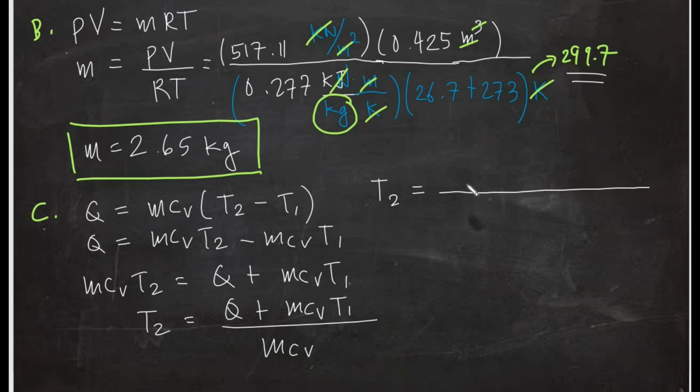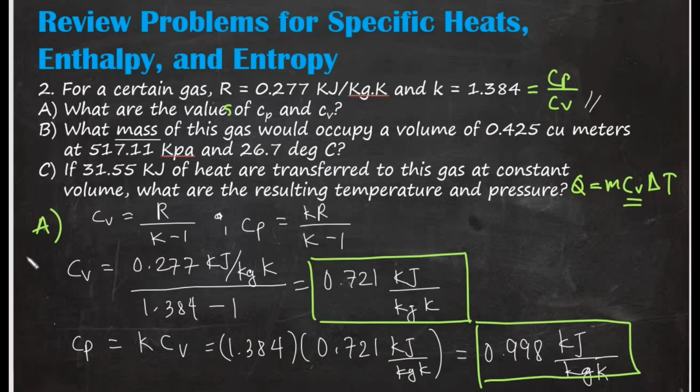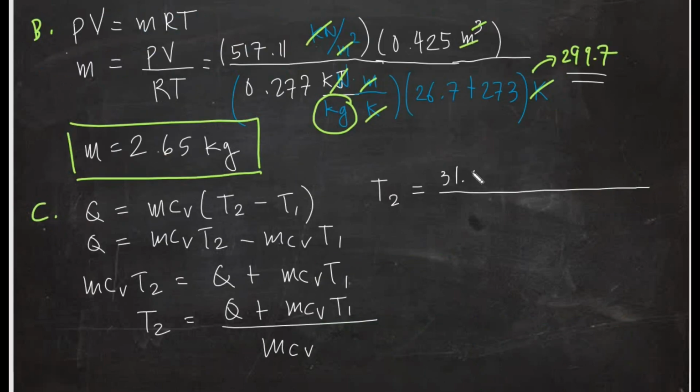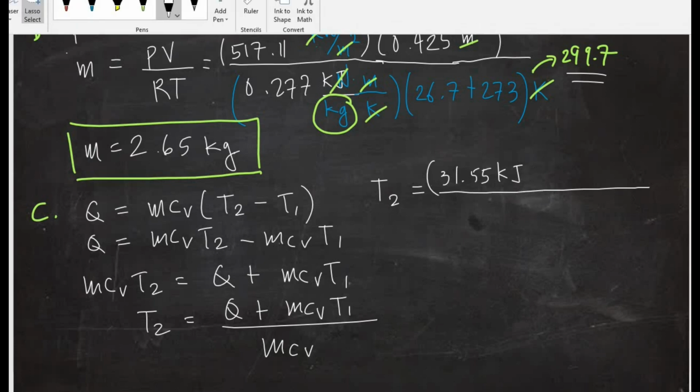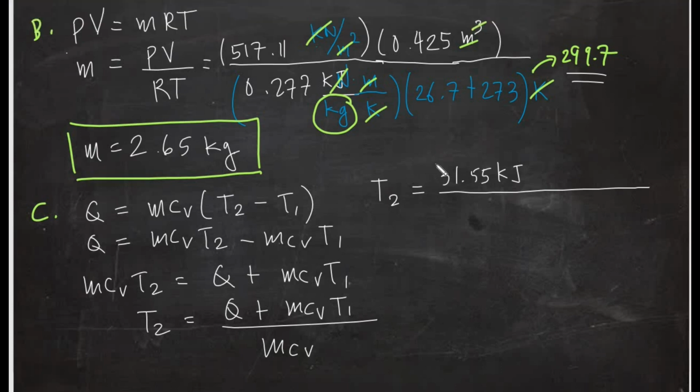Okay, so T sub 2, Q is equal to 31.55 kilojoules. Then no need to, what did I put? Quantity.